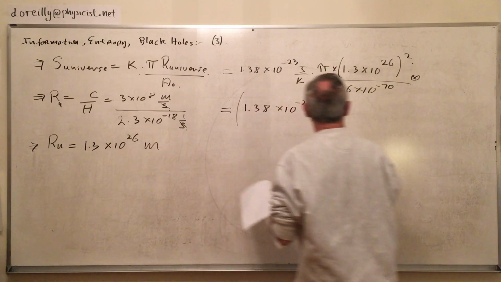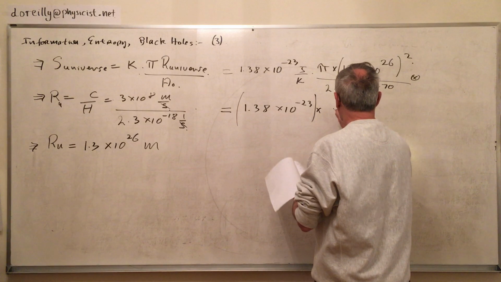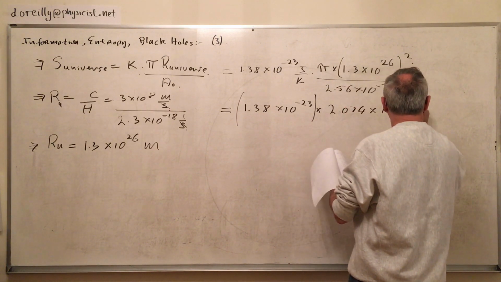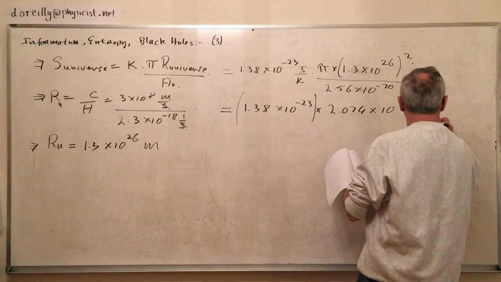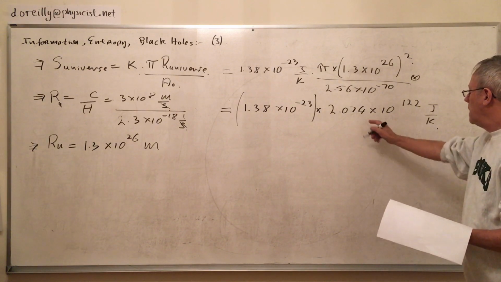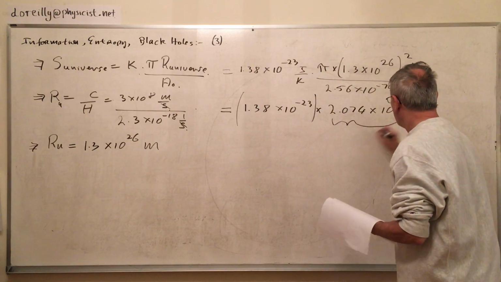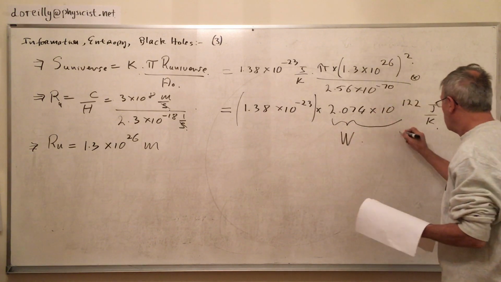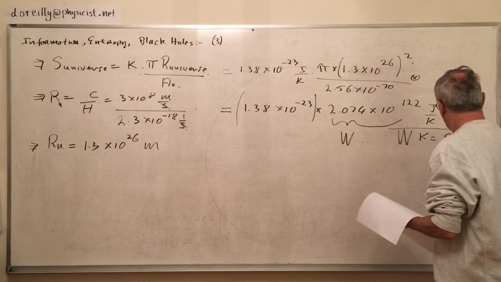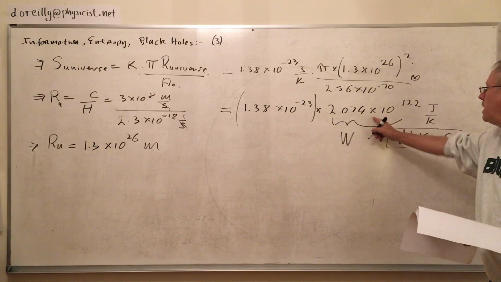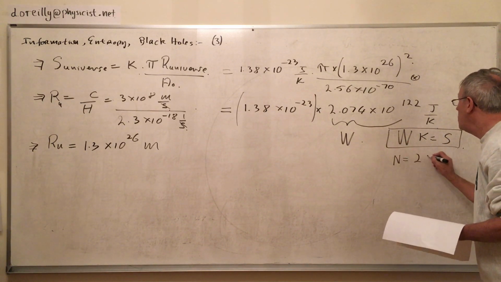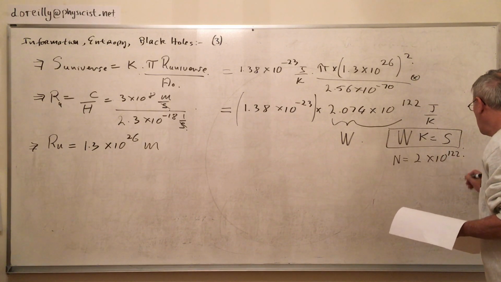Now I haven't worked out Boltzmann's constant factored into this yet. So I have to yet multiply by Boltzmann's constant. Or I could define, this is the information part, which I define as being the W. And this is going to be our N. In other words, the number of bits is 2 times 10 to the power of 122 bits.